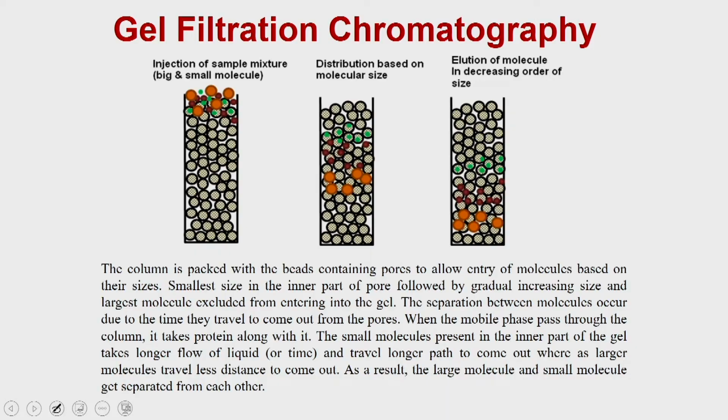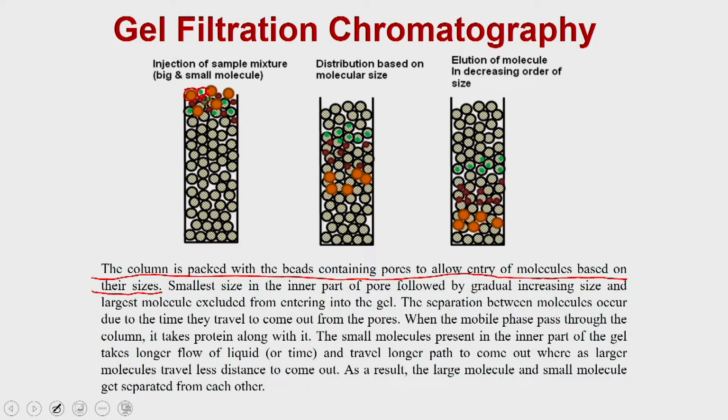Now, let us understand how gel filtration chromatography works. In this chromatography, the column is packed with beads containing pores of different sizes, which allow the entry of molecules based on their sizes. Imagine you have injected a complex mixture of protein molecules of different diameters, like orange, green, red and so on.